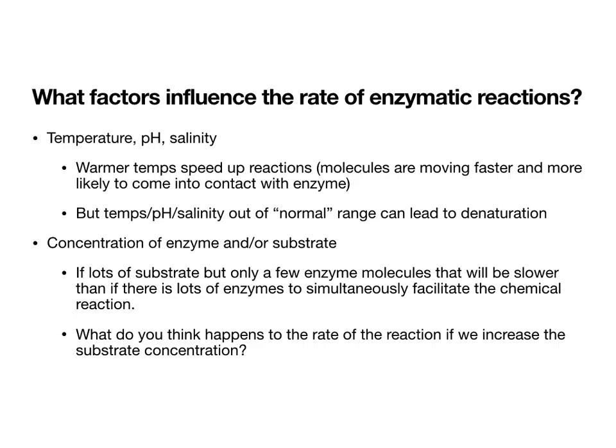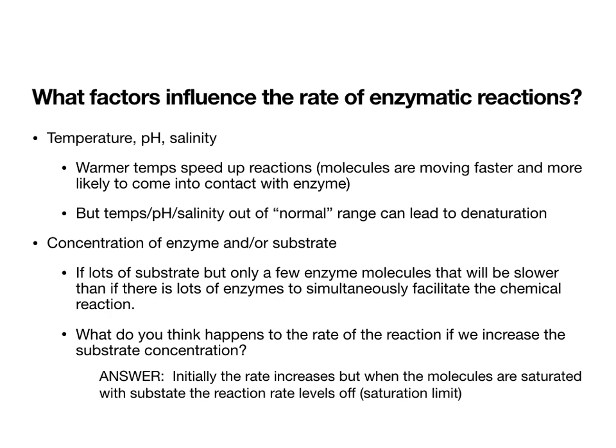If I have more enzymes, my reaction is going to go faster because I have more active binding sites. But if I don't have enough of those binding sites, it doesn't matter how many substrate I have, the rate of my reaction is going to stay exactly the same. So the answer: initially the rate increases, but when the molecules are saturated with substrate, the reaction rate levels off, which is our saturation limit.